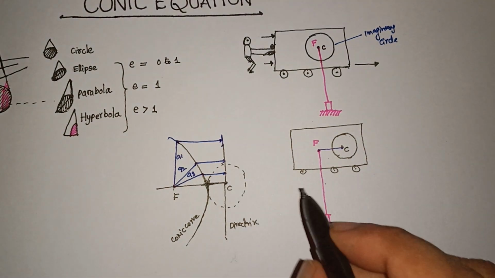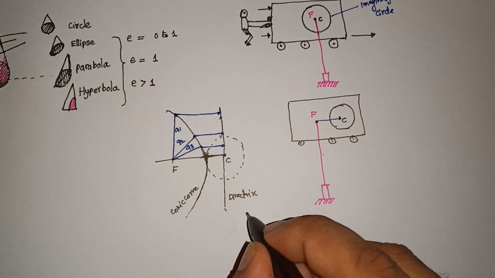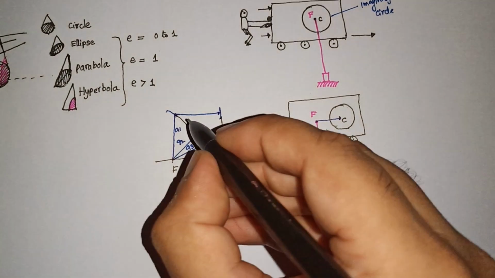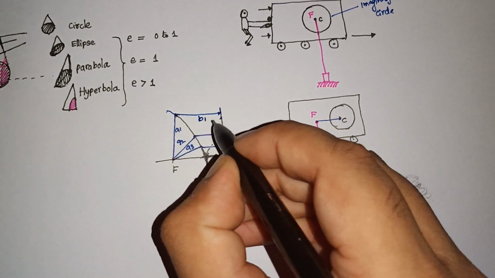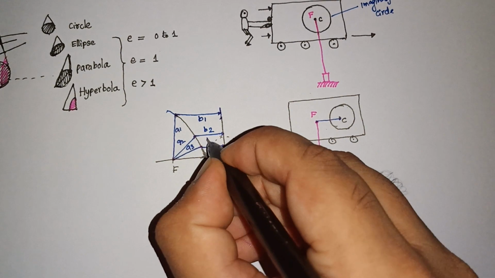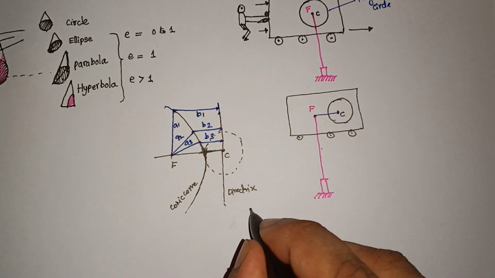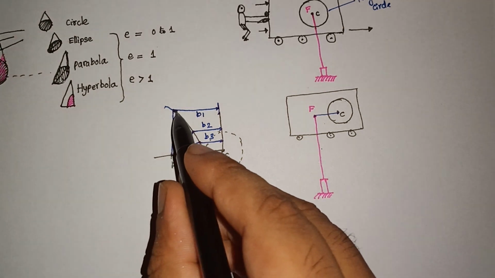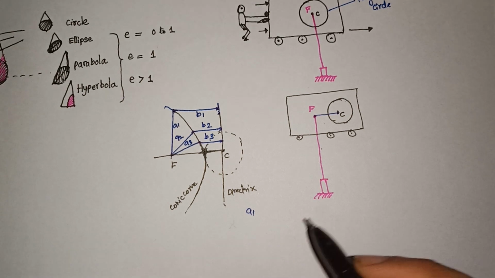Now we define a property, which is also called a definition. Now this distance is going to be B1, B2, and B3. We always define something: A1 is the distance from the focus to the vertex, and B1 is from the vertex to the directrix.